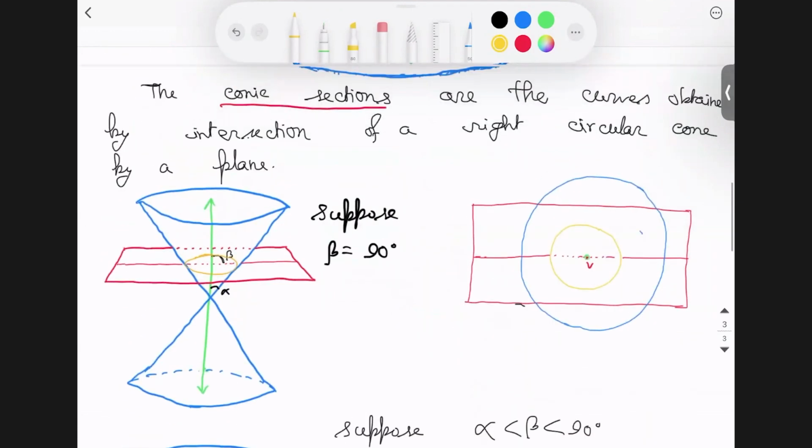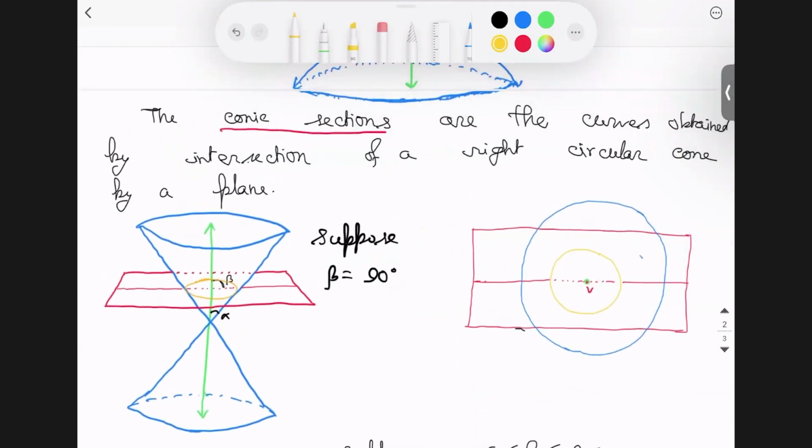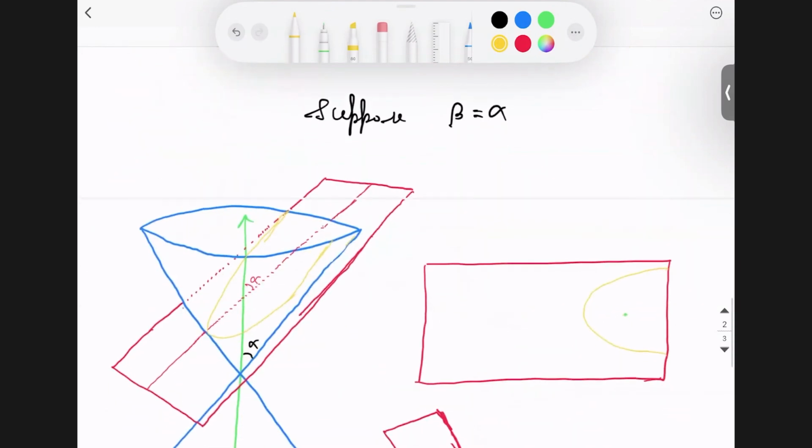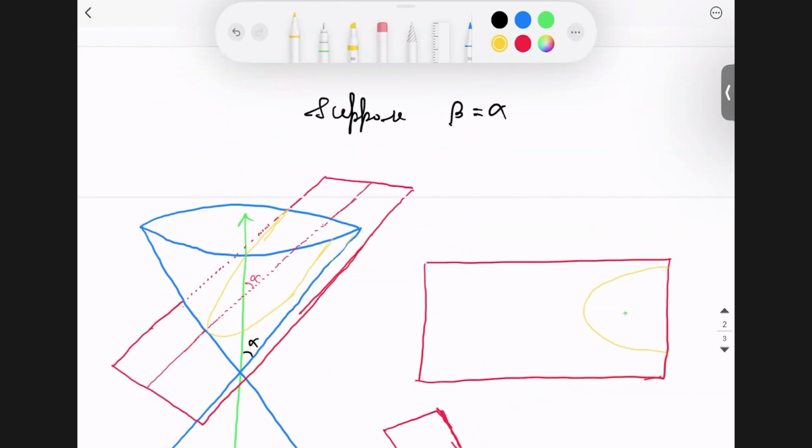So after this, we have obtained three kinds of conic section. One is circle, another is ellipse. A circle is nothing but an ellipse with both diameters equal. And in the case of this, we obtain a parabola.